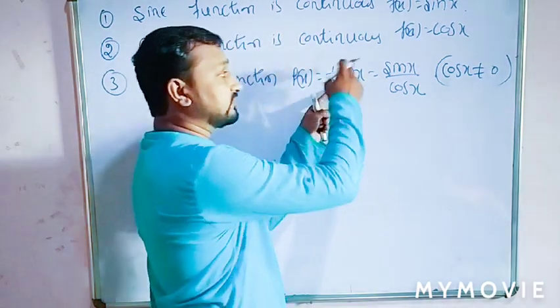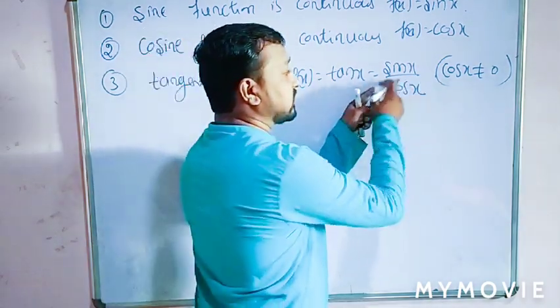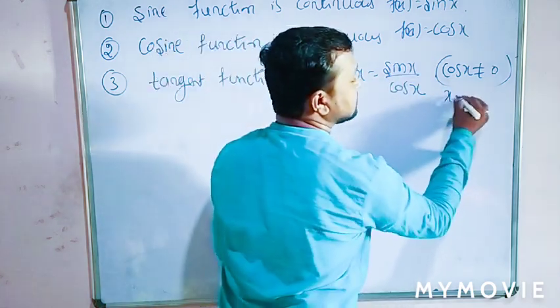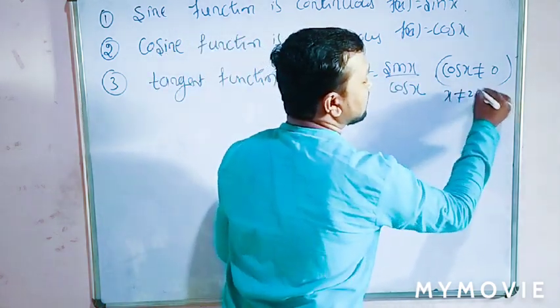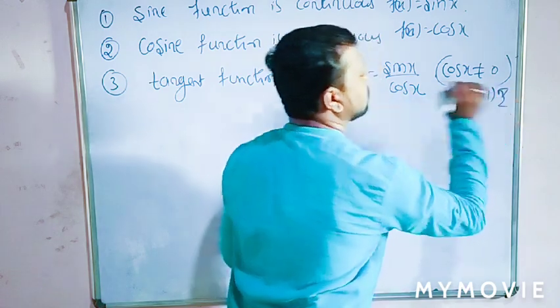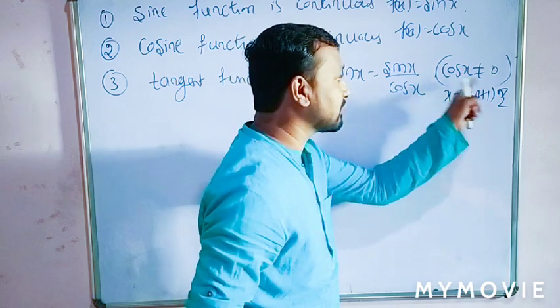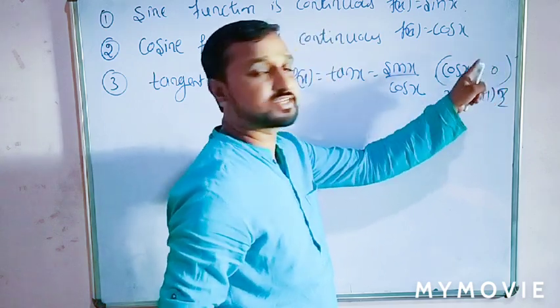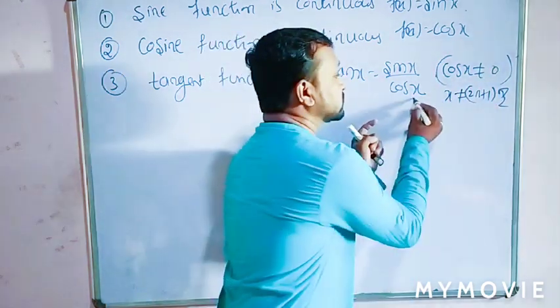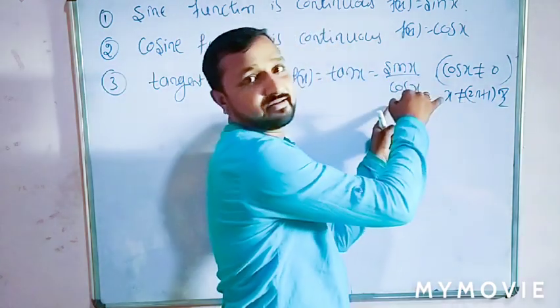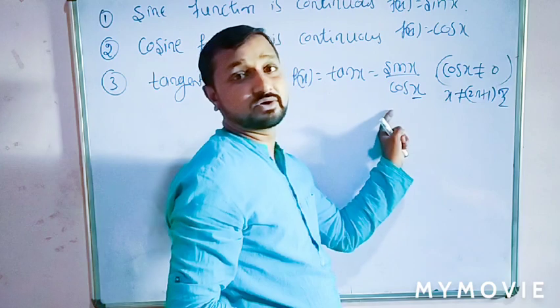Here tan x is defined only when cos x is not equal to 0. Suppose cos x equals 0, the function is not defined, so x is not equal to (2n plus 1) pi by 2, which is nothing but odd integral multiples of pi by 2. Here the function should be defined, that's why cos x is not equal to 0.